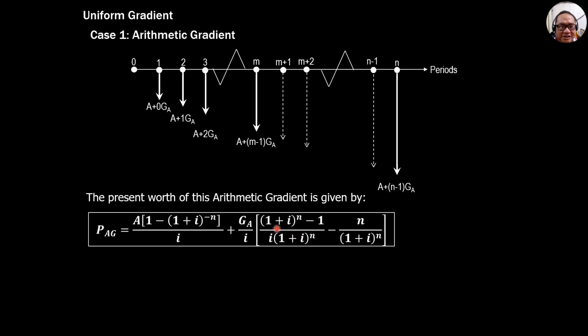Or my suggestion is, if the number of payments is, let us say, within 10, then you can compute or you can project the present value of each individual payment. So for example, this payment here to be present is A, because the other one is 0 G sub A. So A over 1 plus I to the power 1, right?